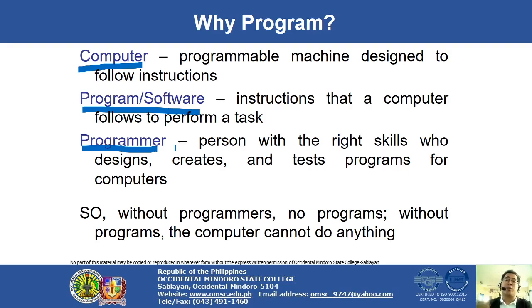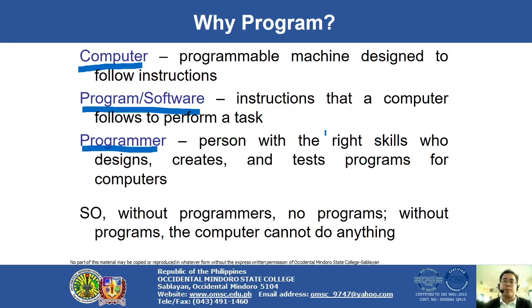So everyone who has the knowledge or the right skills to develop such a program is called a programmer. Okay, so after the programmer developed that program, that is now what we call a program or software, meaning the program or the software is the instructions that a computer follows to perform a task. Meaning, the programmer writes, creates, or designs code for a certain task.